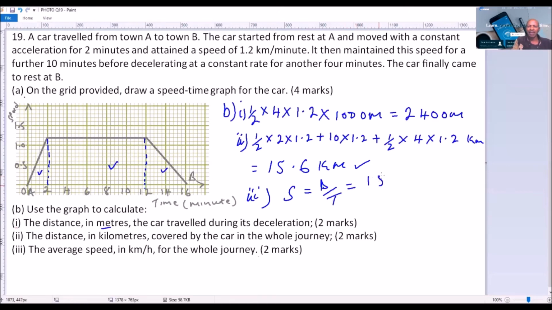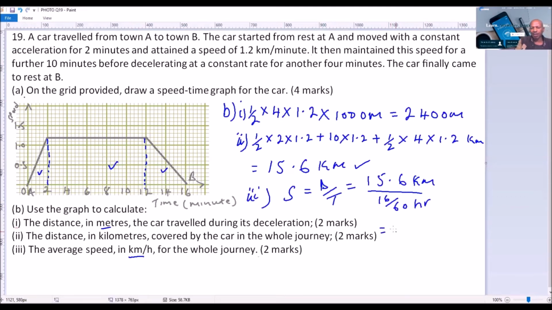Our distance is 15.6 kilometers, and we divide by the total time. The total time taken is 16 minutes. To convert that, we divide by 60 so that we convert to hours, because that is what we are required here. So it is 16 divided by 60, and this now is hours.